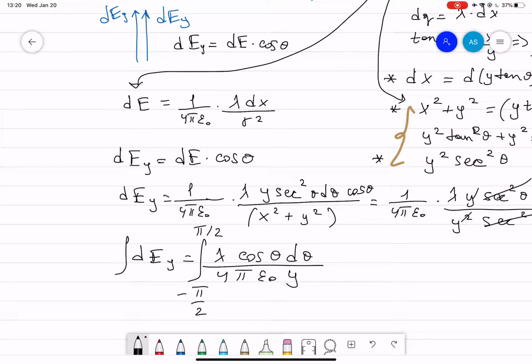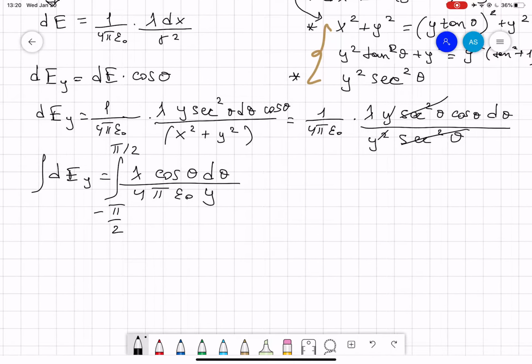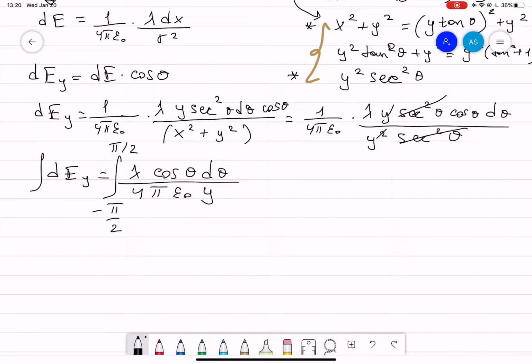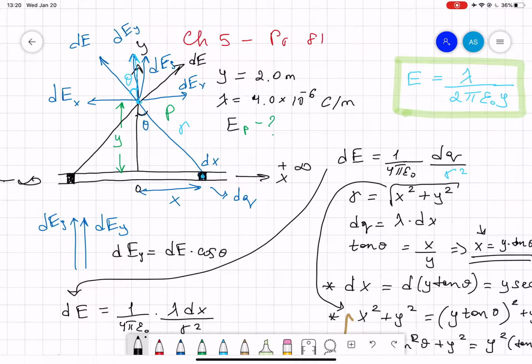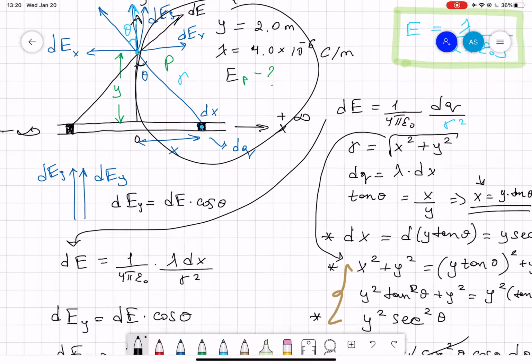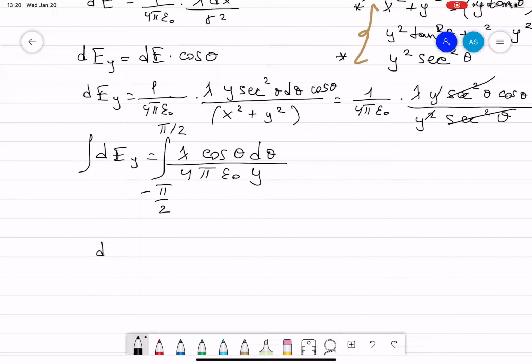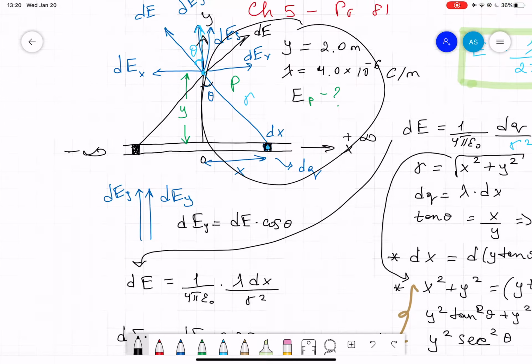Okay, you can solve this problem in two ways. One is putting in the limits like this, or the second way is to take half of the rod. If you take half of it, then you integrate and multiply by 2, right?